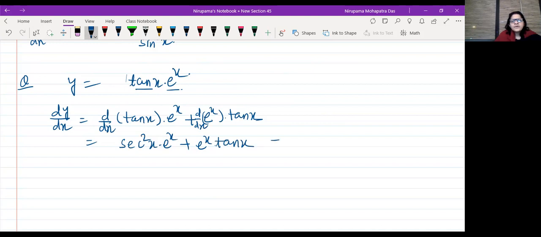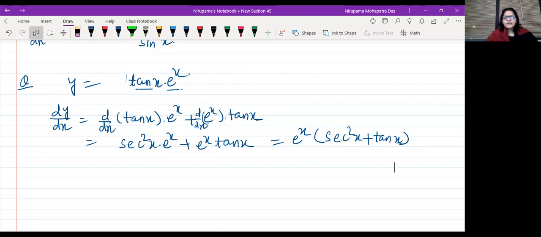That can be written by taking e to the power x common: e to the power x (secant square x plus tan x).